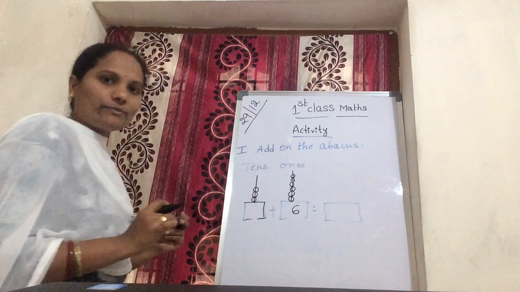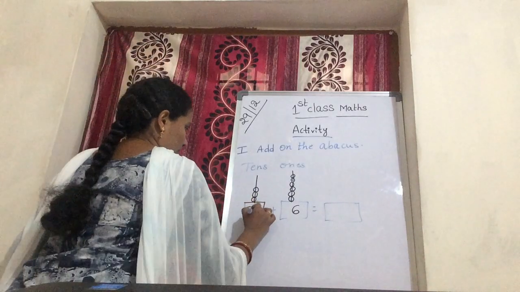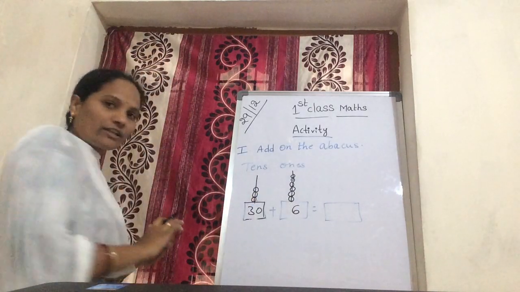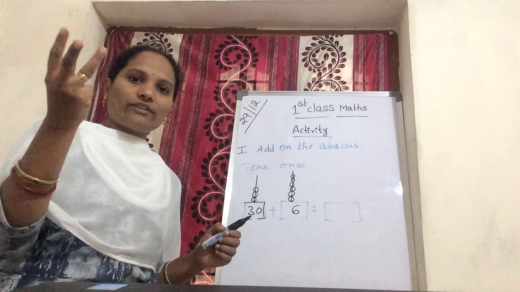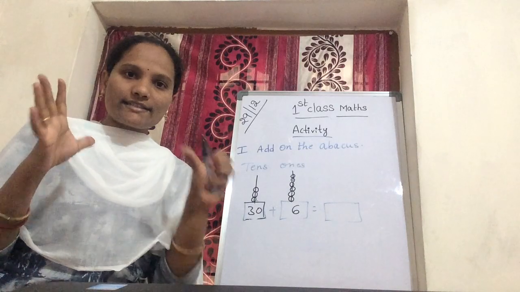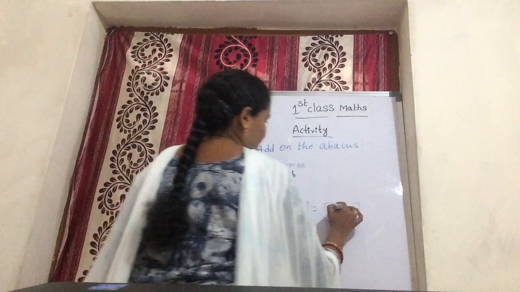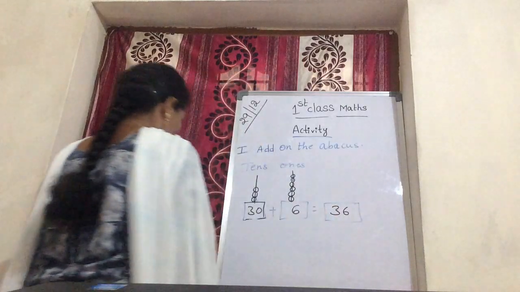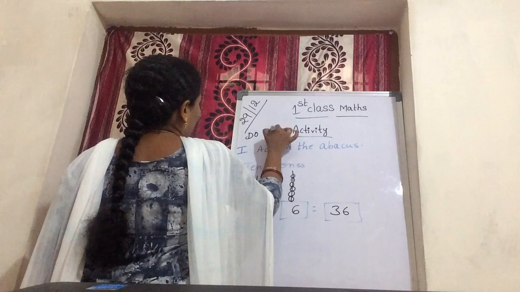Now in tens, how many beads? 10, 20 and 30. So 30 plus 6. 30 after 6: 31, 32, 33, 34, 35 and 36. So 30 plus 6, you get 36. Write in this box. Now do this activity in your test book.